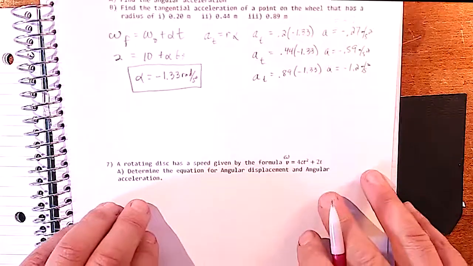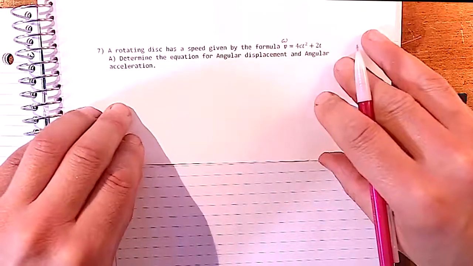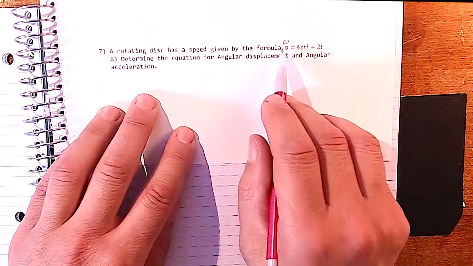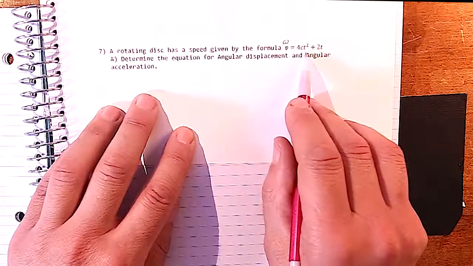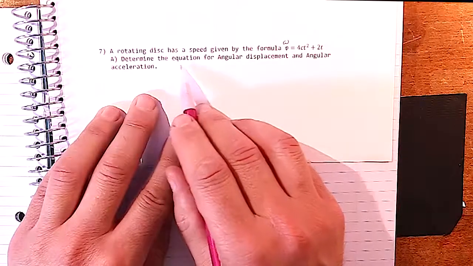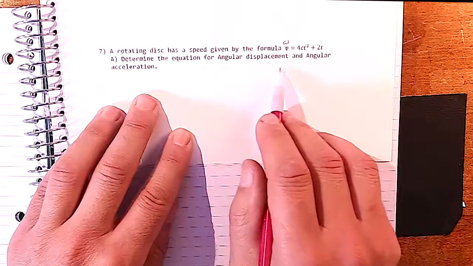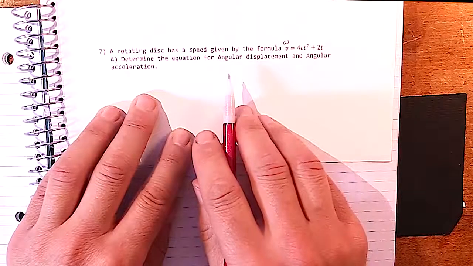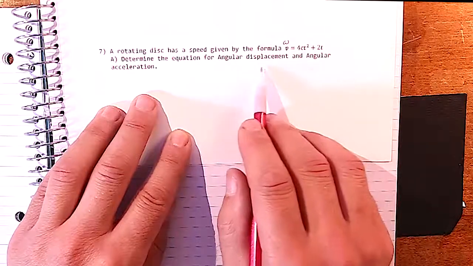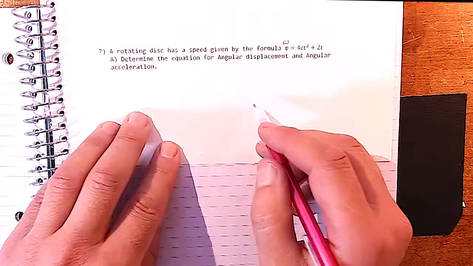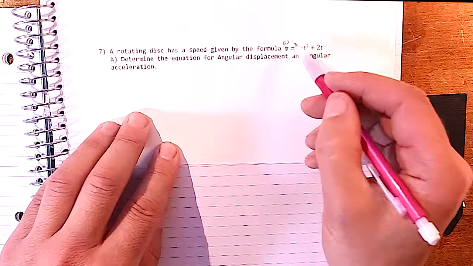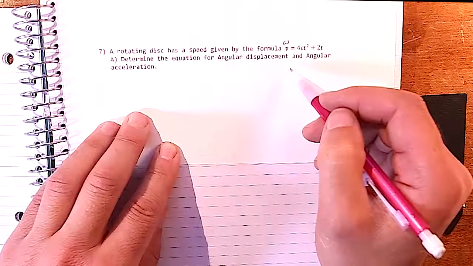And for the last one here, it says we have a rotating disk that's given a speed of omega equals 4ct squared plus 2t. Determine an equation for the angular displacement and angular acceleration. Well, we want to find both of these. Let's do angular displacement first. So we're moving from angular velocity to angular displacement.